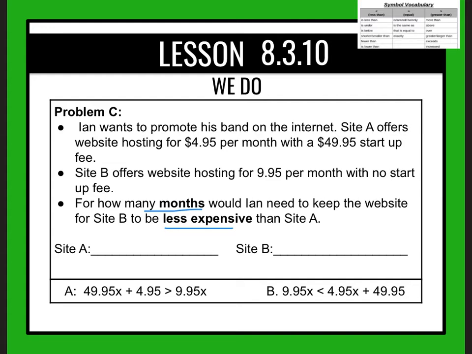Well, let's see what we know about Site A. We know they're having that $49.95 startup fee and that $4.95 per month. So I know x is my months. I'm looking for that. For $4.95 per month plus that $49.95, right? Startup fee.